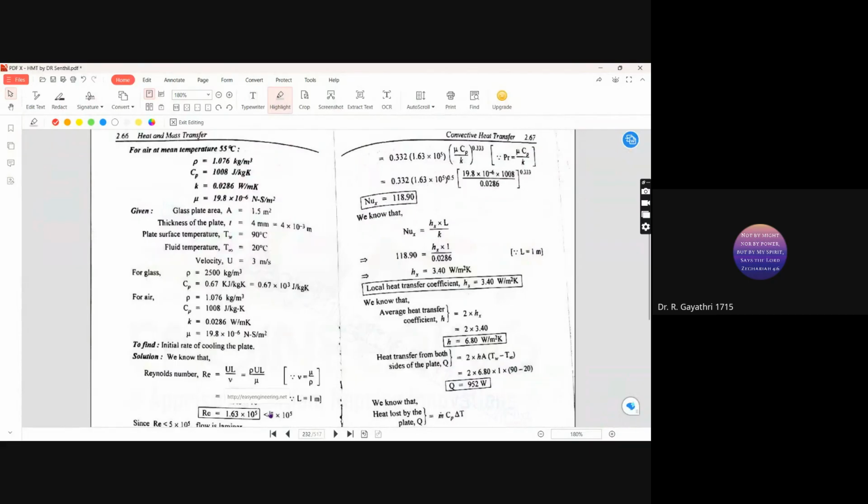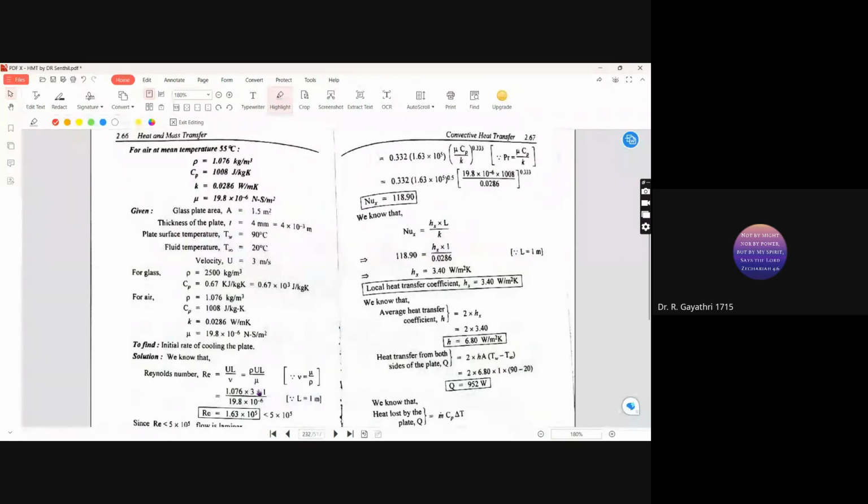So we can use Reynolds number. U means fluid flow velocity. L is the length of the plate. Nu is kinematic viscosity. In this question, we can see the mu value, so we can find Reynolds number in terms of dynamic viscosity mu. So Reynolds number is equal to rho u L by mu.